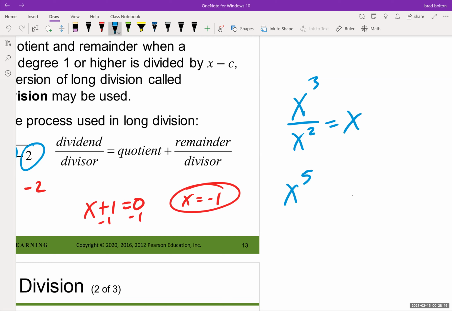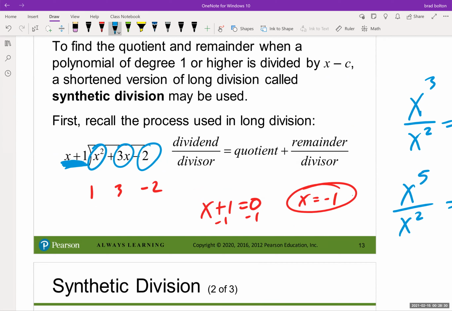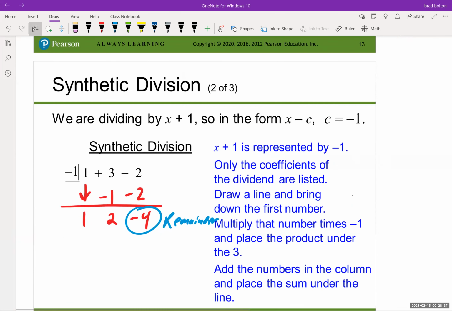If I took an x to the fifth and divided by an x squared, I would get an x cubed. So our power is always reducing by whatever the divisor's degree was. In this case, the divisor has a degree of 1 and the dividend has a degree of 2, so our final answer should have a degree of 1. So I put a little x here, that's x to the 1, this is x to the 0, and this is the remainder.